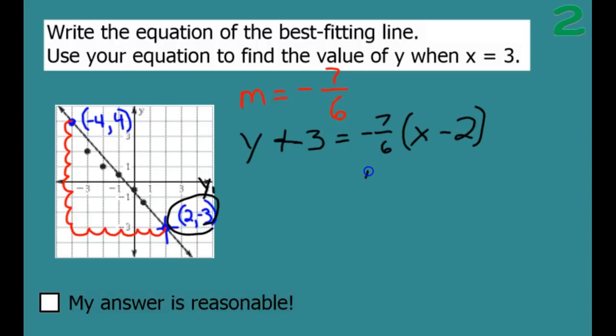So we're going to get rid of our parentheses first by drawing our box. So we have negative 7/6 and x minus 2. Negative 7/6 times x is negative 7/6 x. Negative 7/6 times negative 2, I'm going to put this in my calculator.